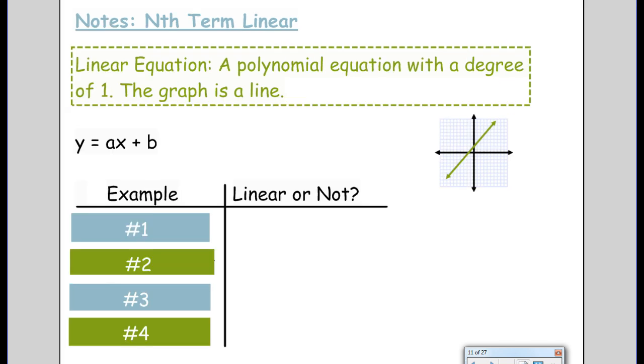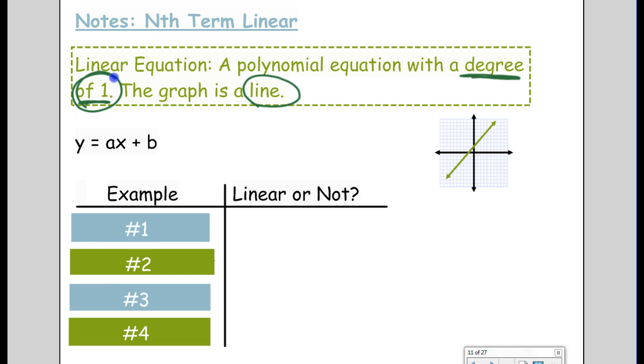So, a linear equation is simply an equation with a degree of 1, and the graph is a line. So where it says linear equation and there's just empty space, you can just write degree of 1, and then you can write the word line. You don't have to write the whole sentence.